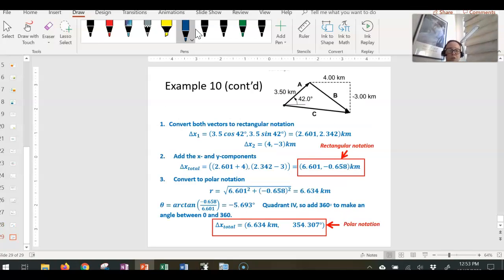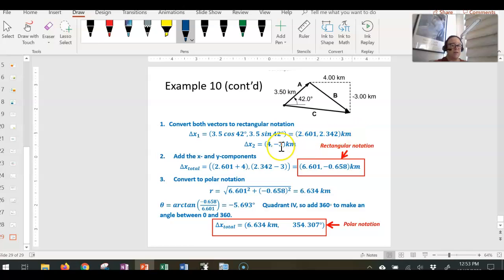Okay, so first we've converted both vectors to rectangular notation. Now, since vector A was given in polar notation, 3.5 kilometers at an angle of 42, we have to find the x and y components by saying the magnitude 3.5 times cosine of the angle, and then the magnitude times sine of the angle.